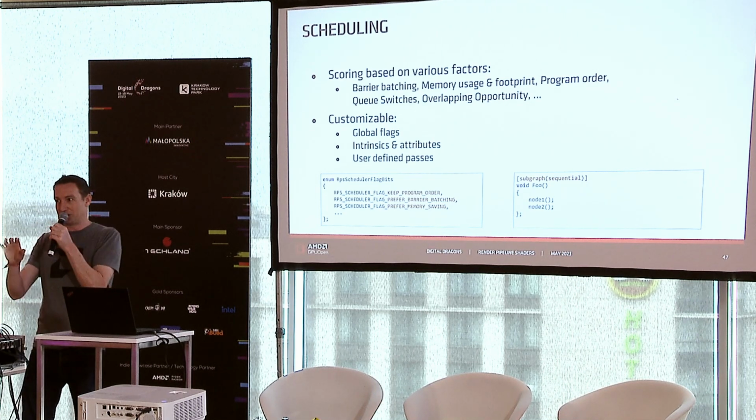So out of the box, you've got different sort of compiler sort of scheduler flags, just as a sanity check, really. There's one which just preserves the original order of the nodes. If you weren't to reschedule stuff, that's kind of good, like that keep program order.